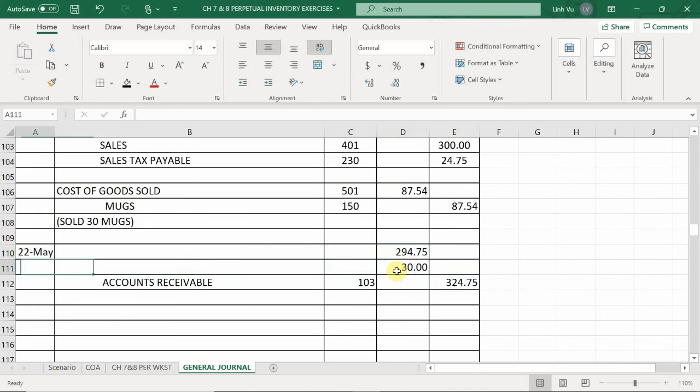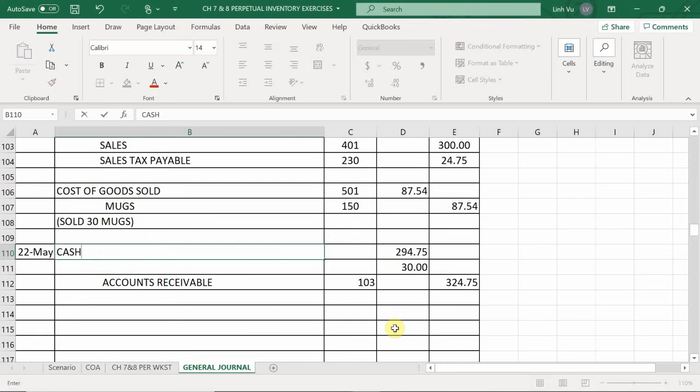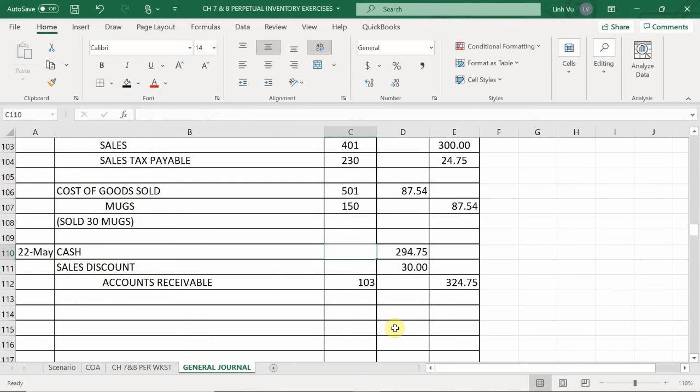Okay, so we know that we received cash from customer B and we received a sales discount, right? Or customer B received a sales discount. Okay, which should be account number 406. Or sorry, 405.